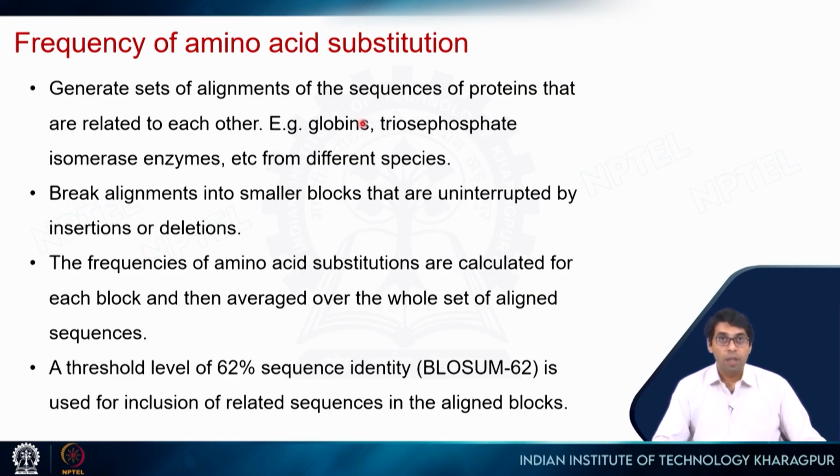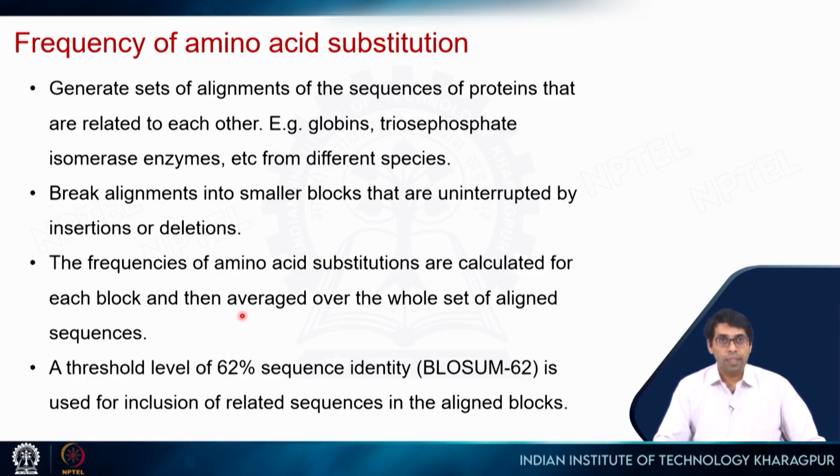So, globins, or one can take triose phosphate isomerase enzymes or some other enzyme from different species. So, you get this bunch of amino acid sequences, you align them, right? You break these alignments into smaller blocks that are uninterrupted by insertions or deletions. So, there are no gaps. You take such blocks and there you measure the frequencies of this amino acid substitution, which I will show in the next slide.